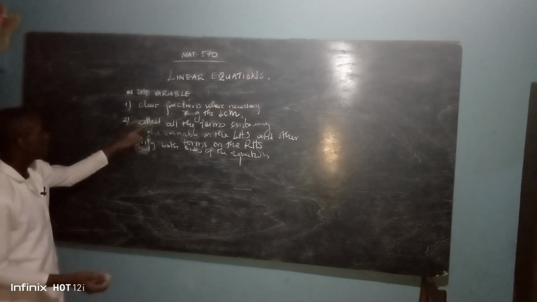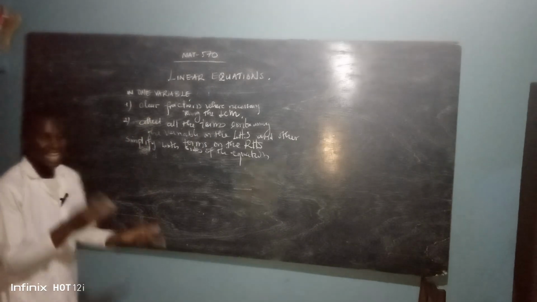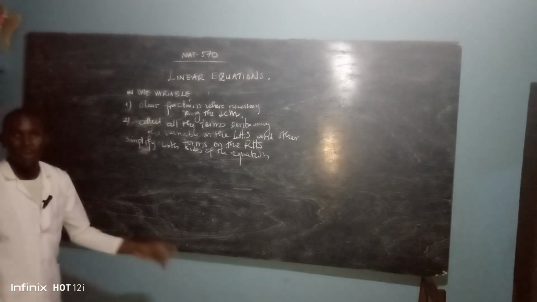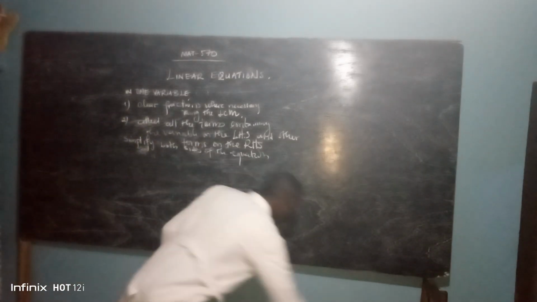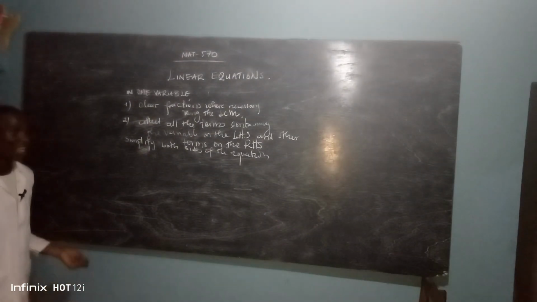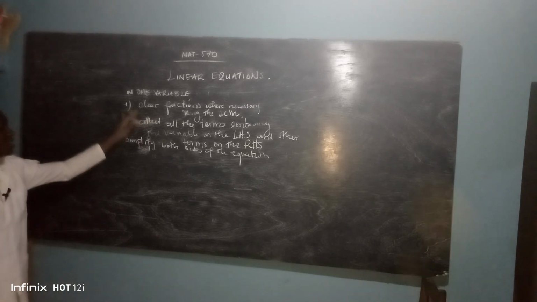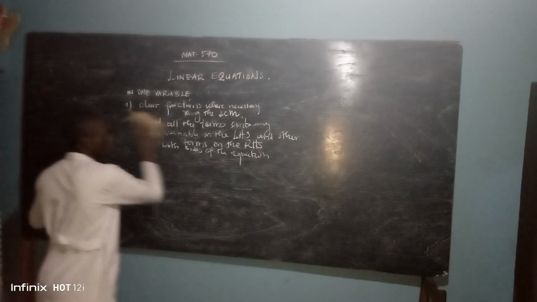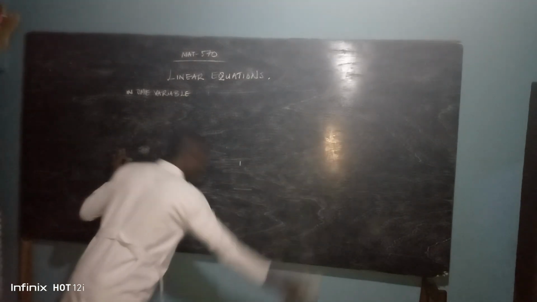Basically, you move terms on both sides of the equation using the addition and subtraction rule of equality that we just saw in the previous tutorial. Then the last step is just to check your answer. Basically, we are going to be using the rules of equality to solve linear equations in one variable and two variables, as we are going to see shortly.